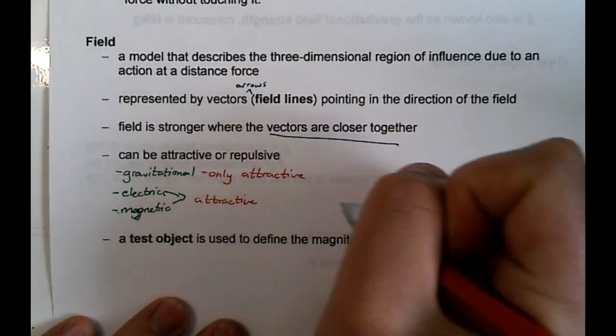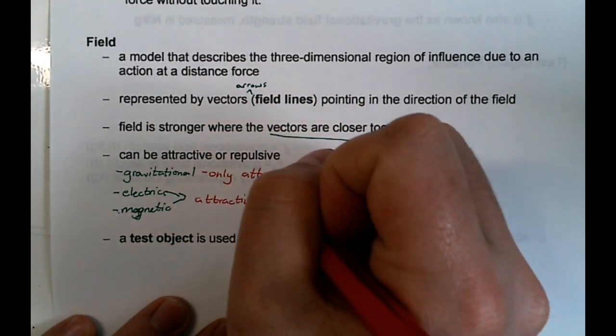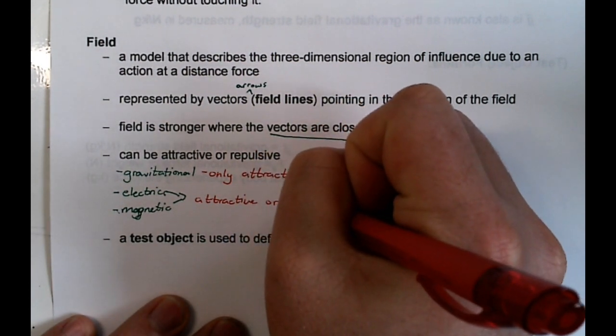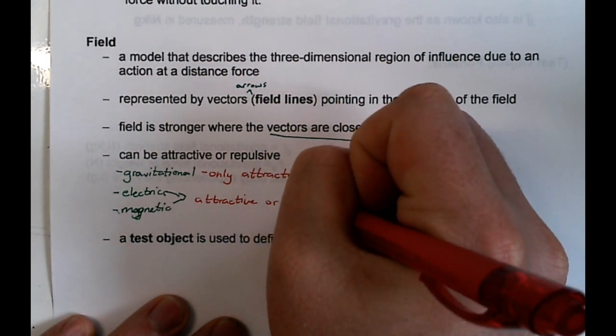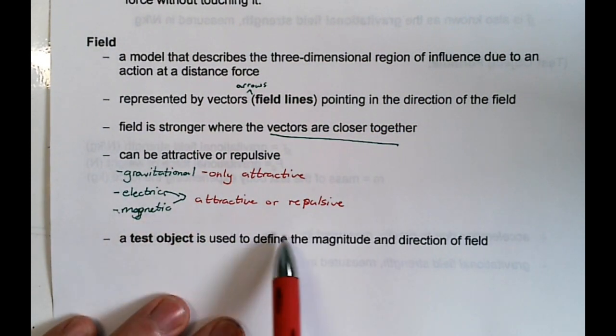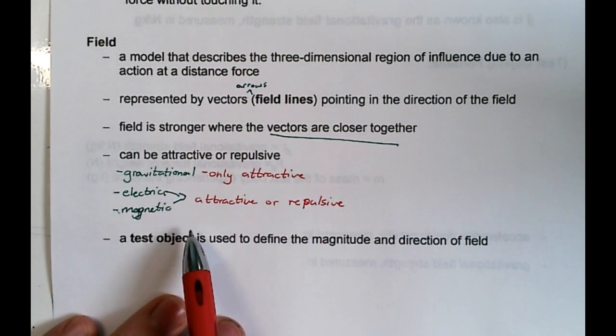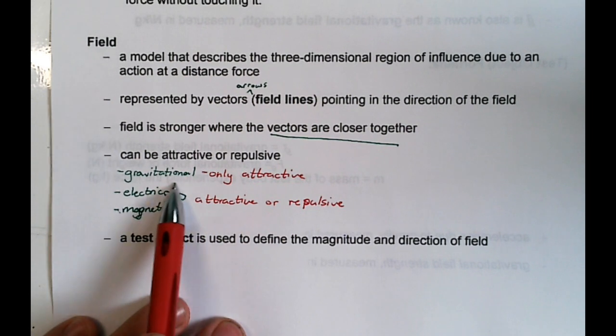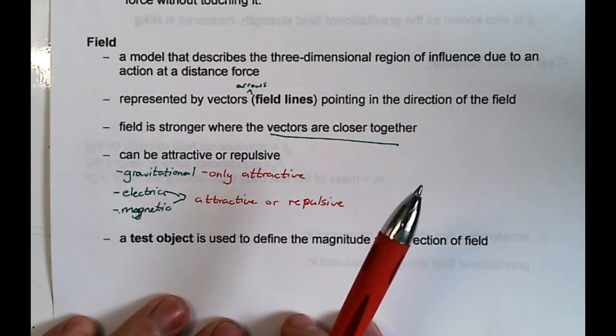If you use one end of the magnet, it pushes together, but if you flip the magnet over, then they repel each other. They're repulsive. Alright, so those are the three different types of action at a distance forces we have in physics, but the one we're going to focus on is gravitational force.